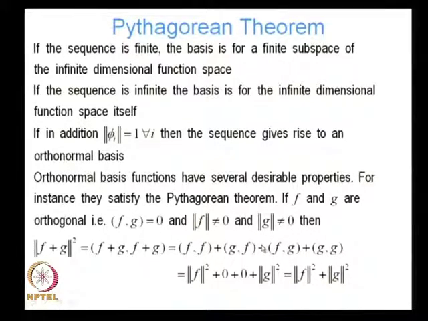Since they are orthogonal, f comma g and g comma f are going to be 0, and I am going to be left with norm of f squared plus norm of g squared. So if I have orthogonal functions, they satisfy this relationship: norm of f plus g squared is equal to norm of f squared plus norm of g squared. It is very similar to your trigonometry.